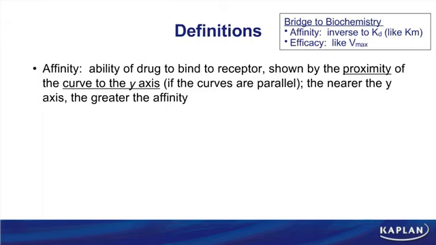In other words, the curve that is shifted closest to the y-axis represents the drug that has the greatest affinity. We have one big assumption here, and the assumption is the curves have to be parallel. In other words, the only way to compare affinities is if the slopes of the curves of these drugs you're comparing are parallel, and we'll see some examples of that.